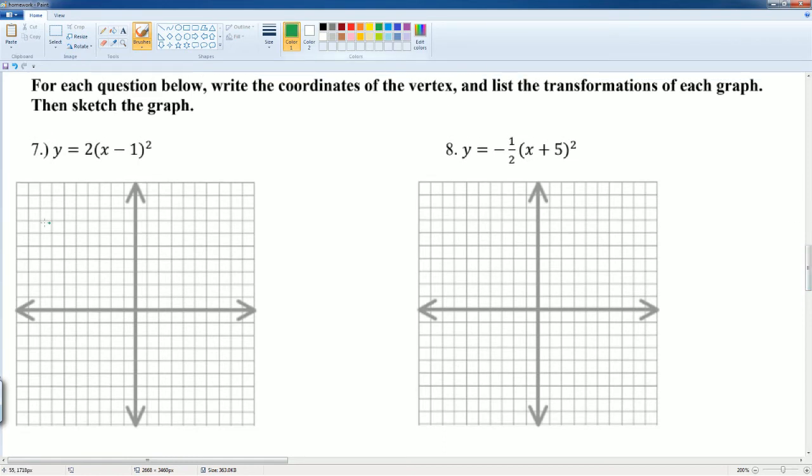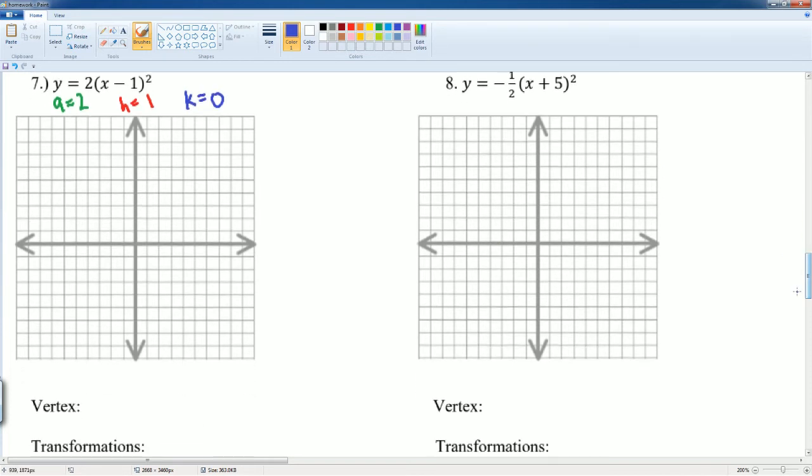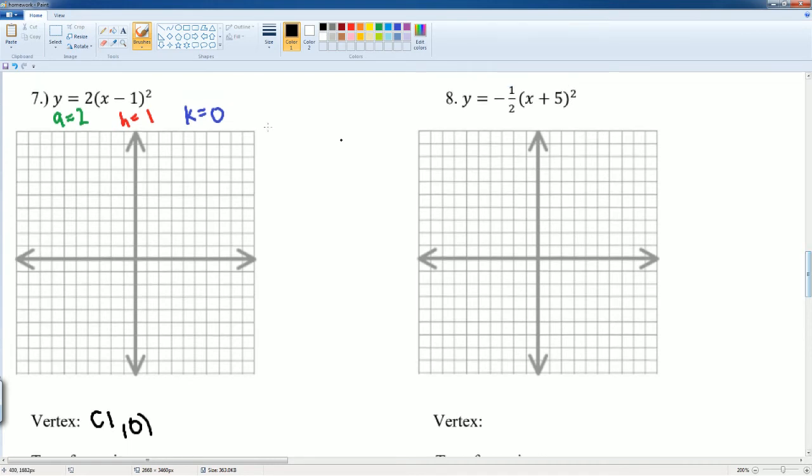All right. And then same process here. Let's do it. a equals 2. Your h here is 1. Your k here equals 0. Your vertex is going to be that point (1, 0). Your transformation, so it is a value 2.